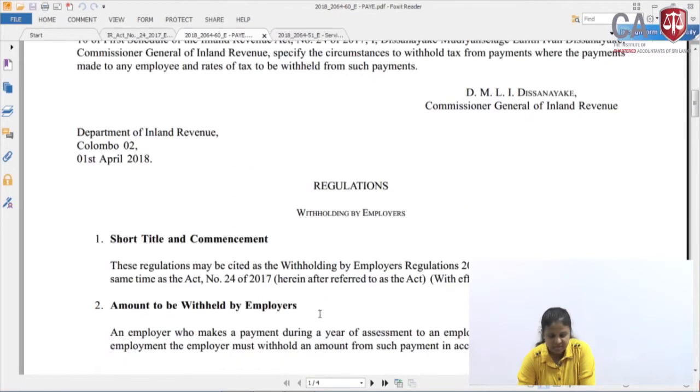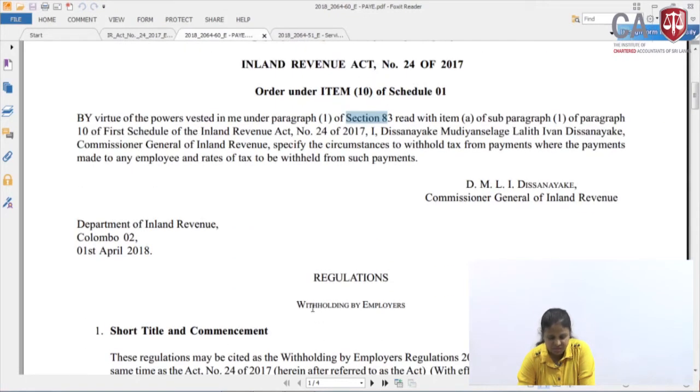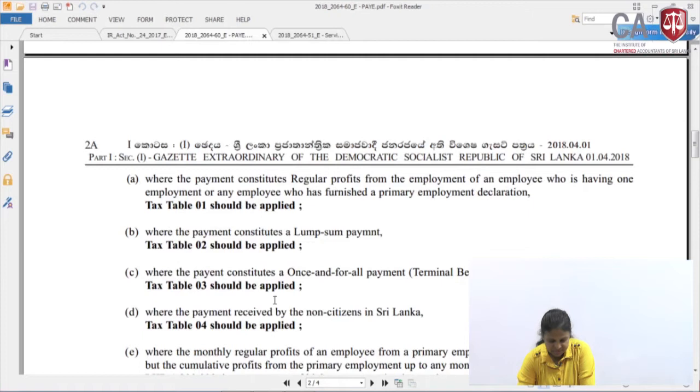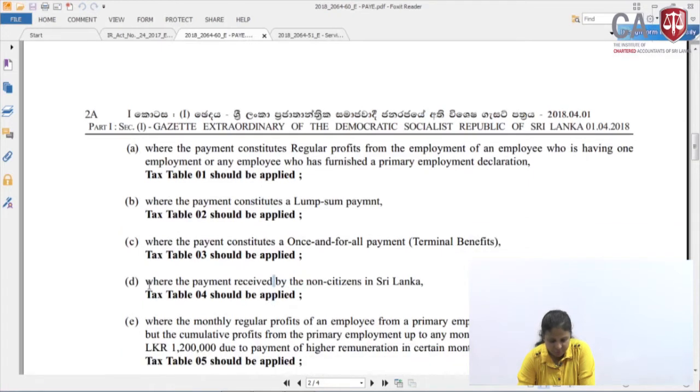Then in that, the regulations on withholding by employers. For non-residents or non-citizens, it is table 4, where for payments received by non-citizens in Sri Lanka, tax table 4 should be applied. I just need to show you how it is applicable.